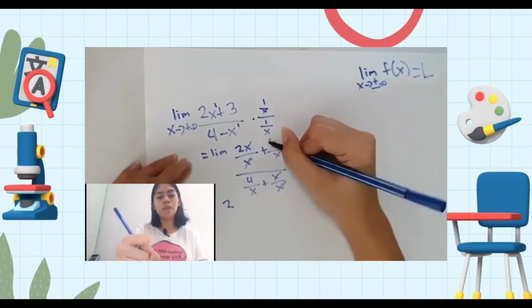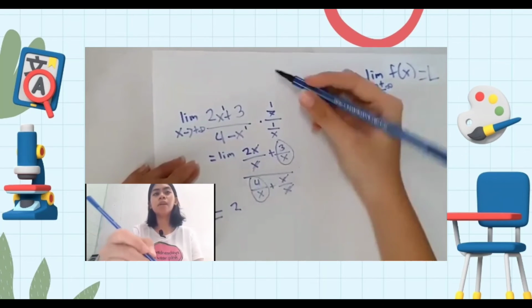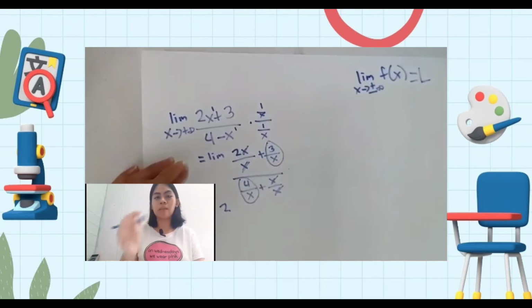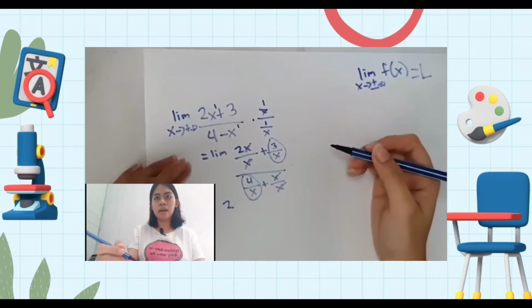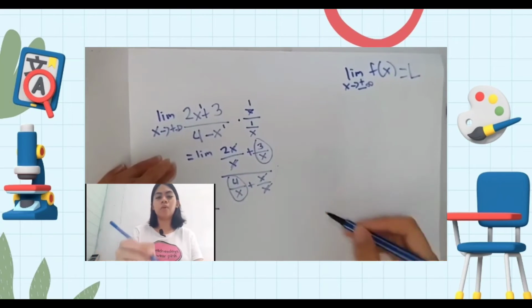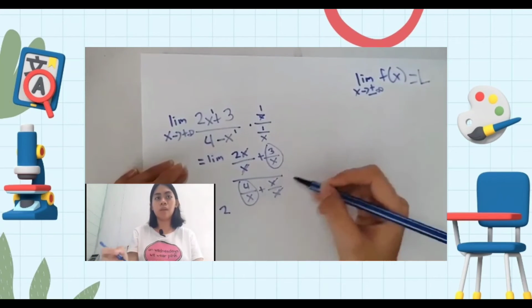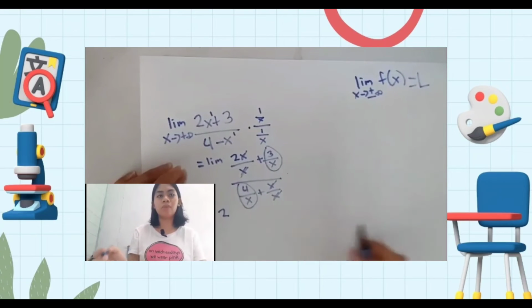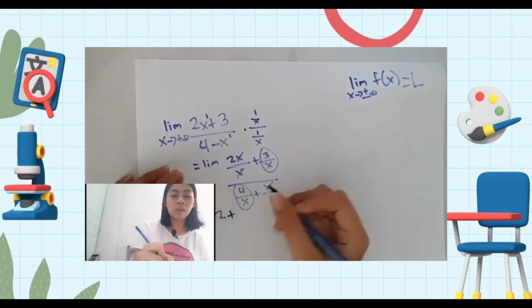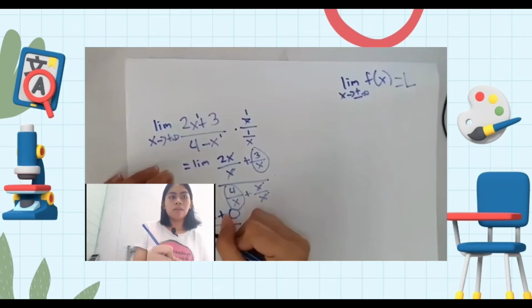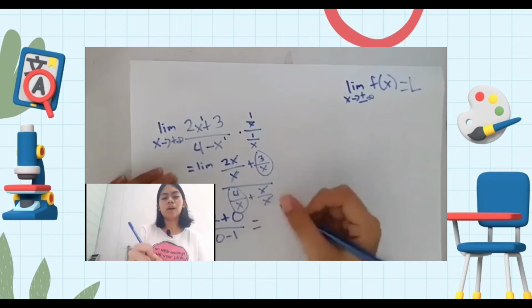Then yung dalawang to is nagiging 0 kasi as it approaches positive infinity, 1 over x is nagiging 0. So 3 over x and 4 over x will be 0. So magiging 2 plus 0 over 0 minus 1, which is magiging sagot is negative 2.